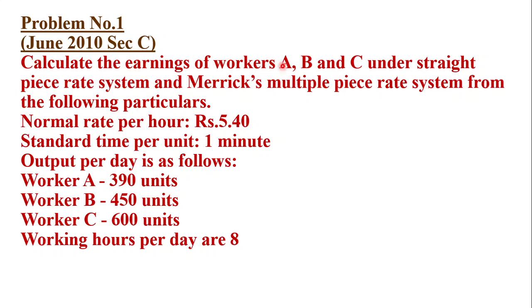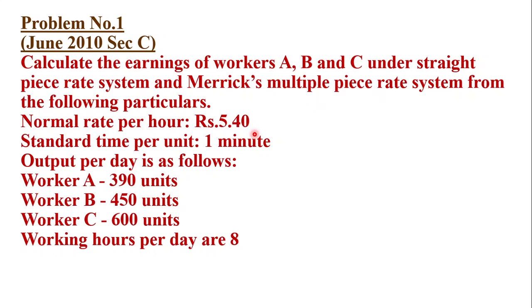Calculate the earnings of workers A, B and C under straight piece rate system and Merrick's multiple piece rate system from the following particulars. Here we should calculate only two types, that is piece rate and also the Merrick's multiple piece rate system.